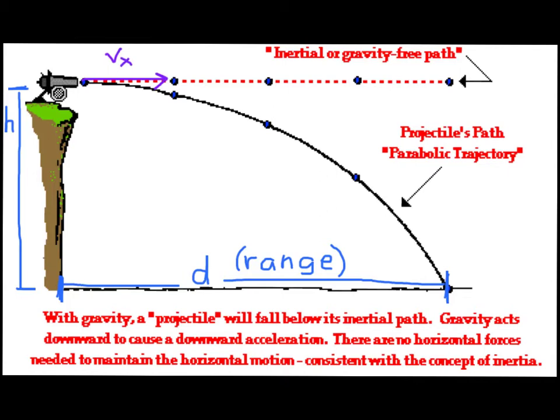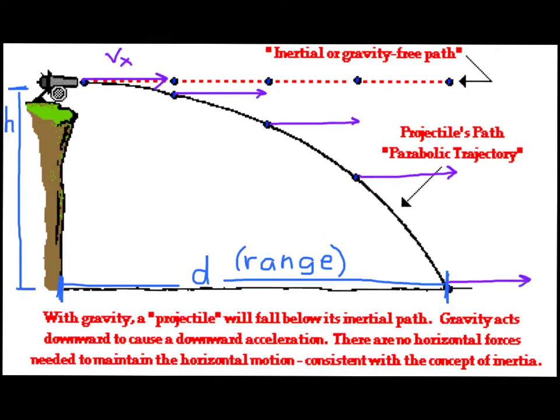And because that velocity remains constant throughout the flight of the projectile, at any point along the path, that velocity in the x direction would be the same at any point in the path until right before it hits.